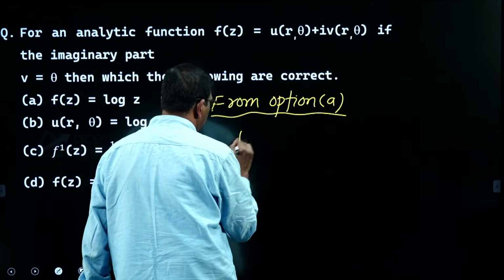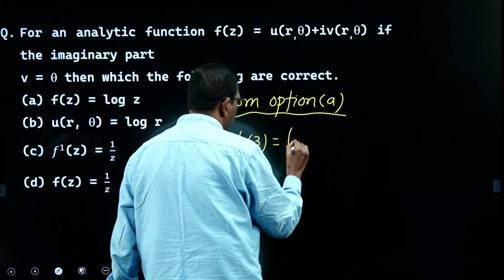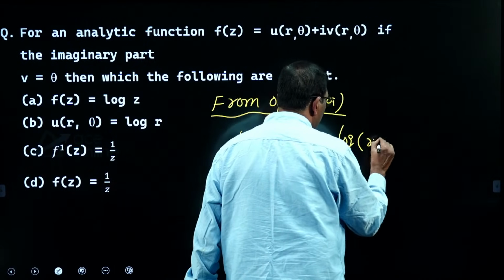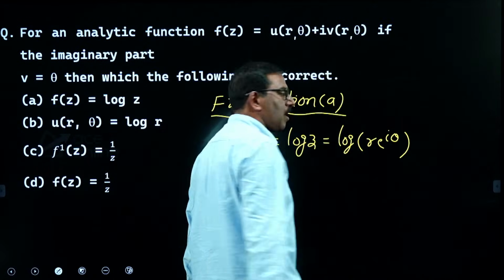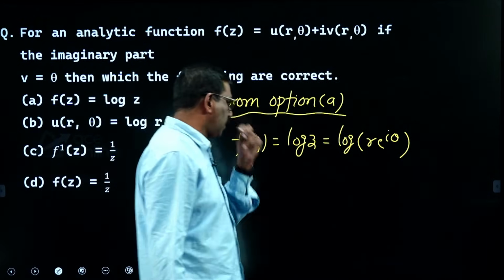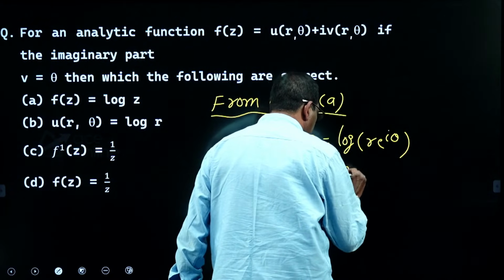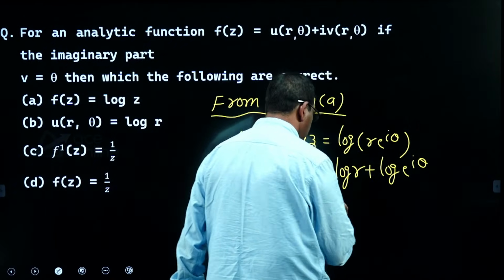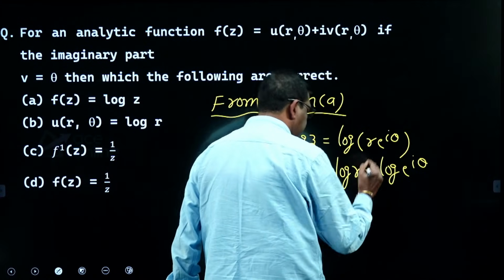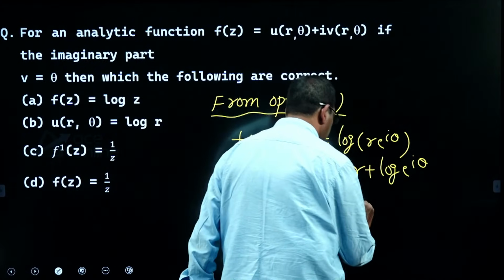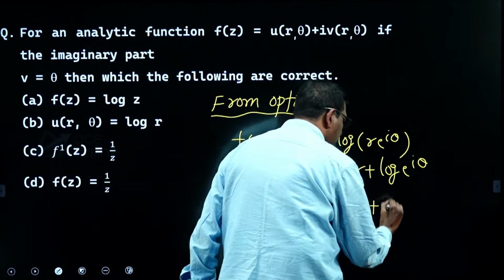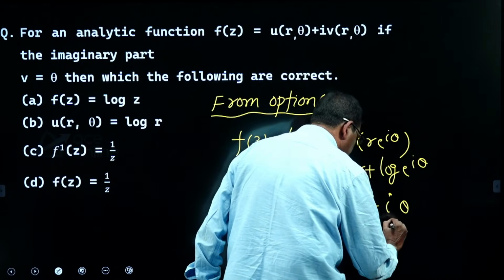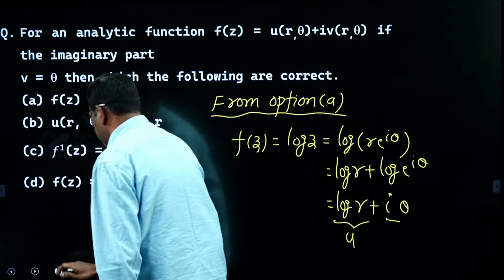What is the polar form of a complex number? R e power i theta. So log z is log r plus log of e power i theta, and log of e power i theta is i theta. This is the real part u plus i into the imaginary part v.